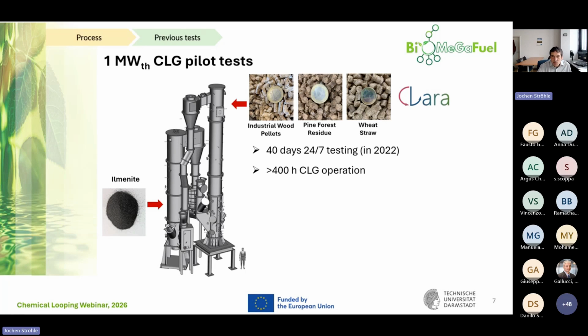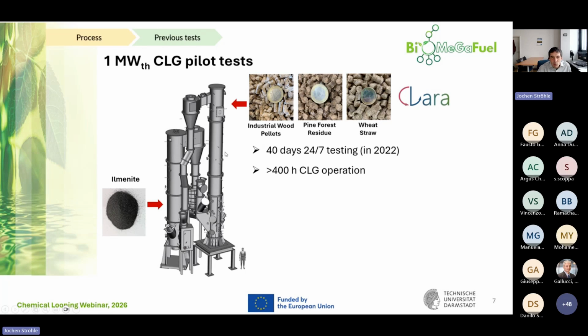In the Clara project, we tested three kinds of biomass: industrial wood pellets, then pellets made from pine forest residues, and also some pellets made from wheat straw. We had around 40 days of testing in 24/7 mode.